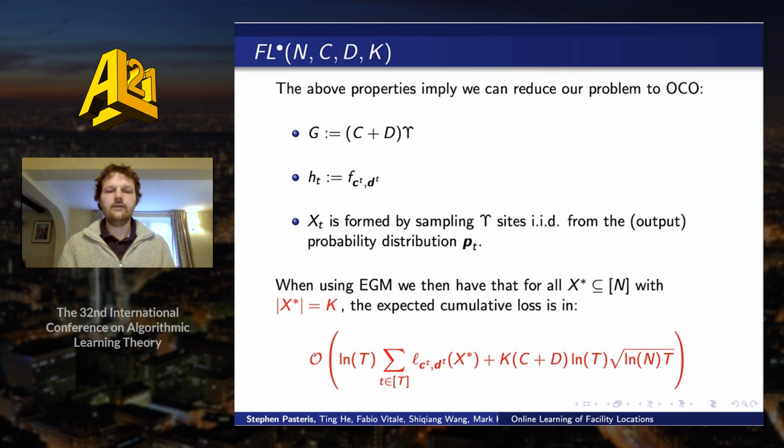And xt is formed by sampling upsilon sites, IID, from a probability distribution pt, which was the output of the exponentiated gradient method. So the loss bound of the exponentiated gradient method implies that for all x star with cardinality equal to k, the expected cumulative loss is bounded as in the equation in red.